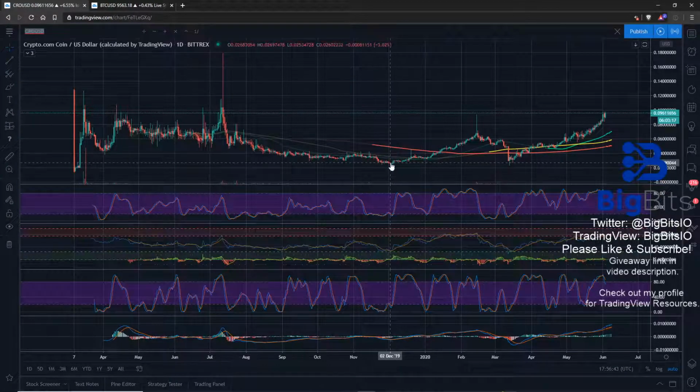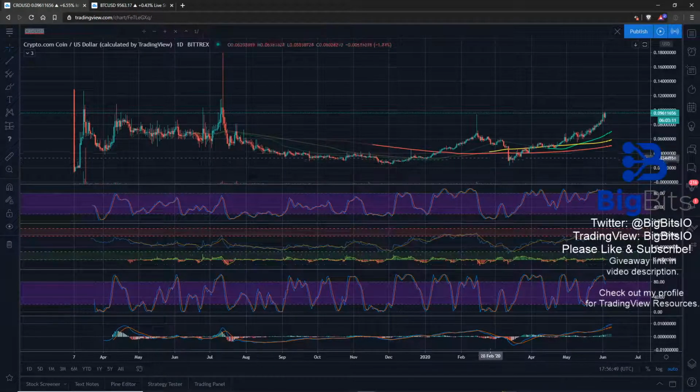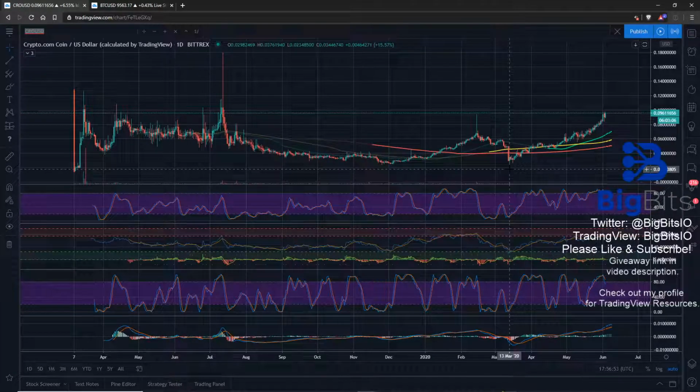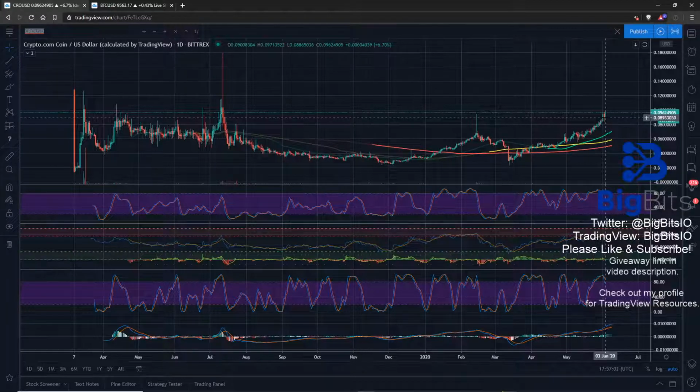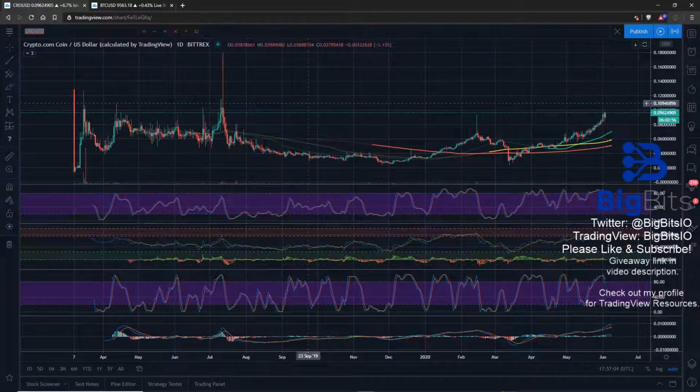Wow, you could have got it for 2 cents. Let's see what the low was that day. Yeah, 2.3 cents. Wow. It's gone up almost 50 times just this year from its lows. That is incredible.